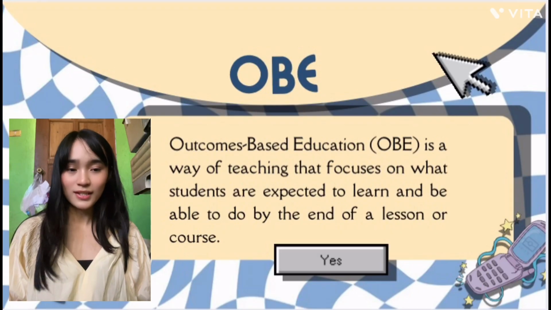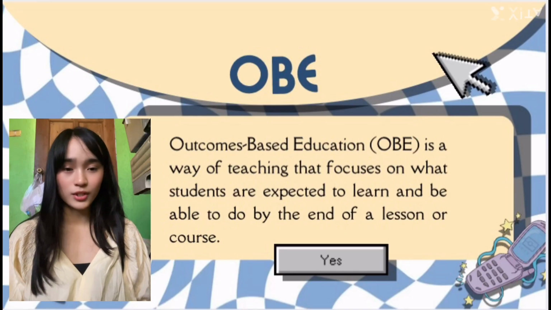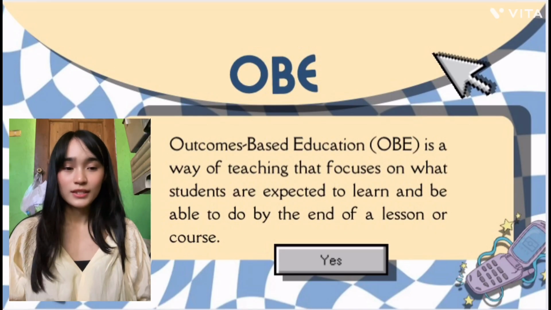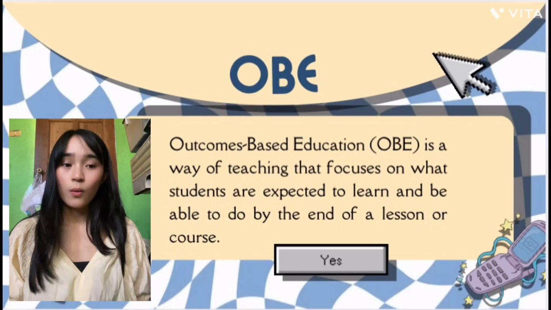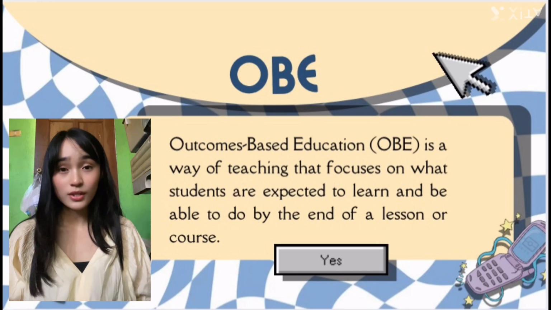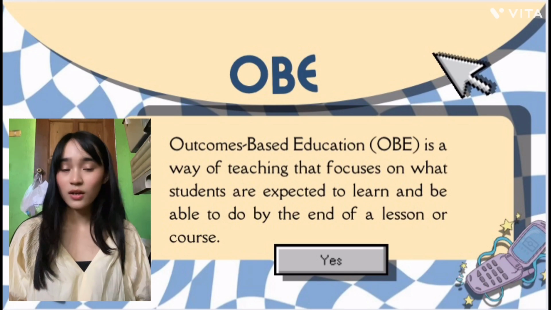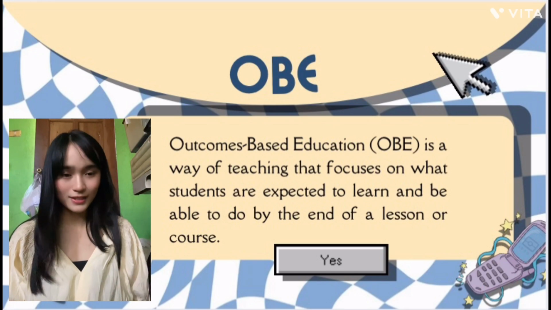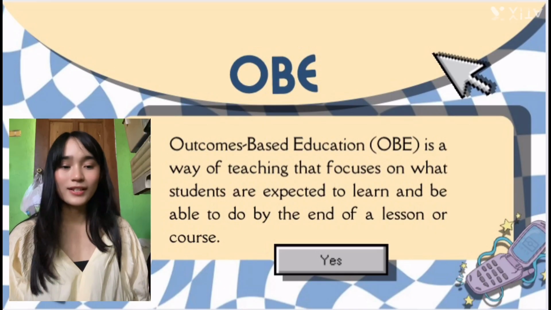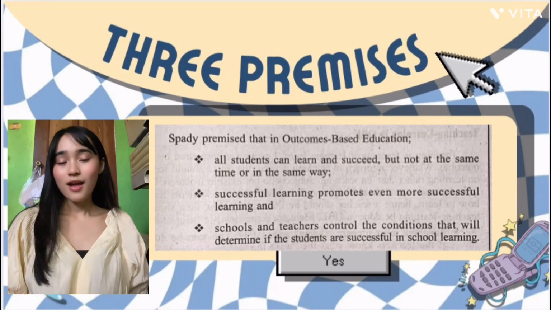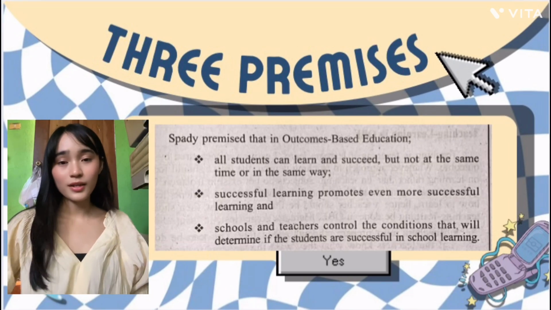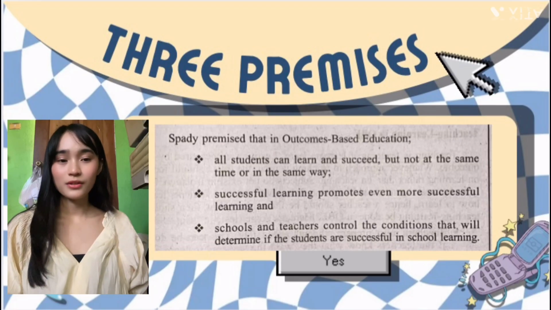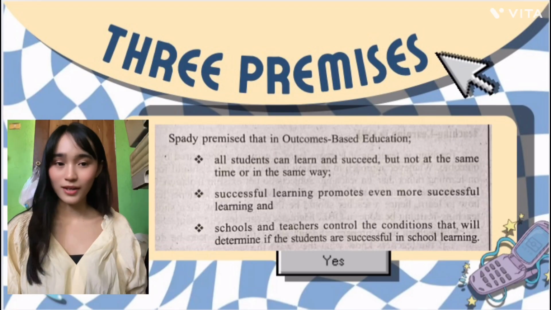The main idea is that all parts of education, curriculum, teaching, and testing work together to ensure students gain the learning outcomes they need to succeed in life, work, and the community. And in OBE, an outcomes-based approach, there are 3 premises that we must keep in mind.